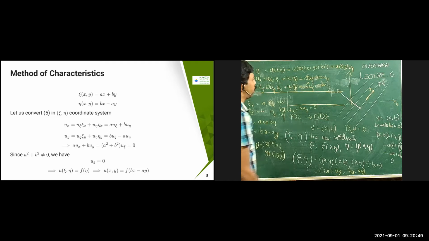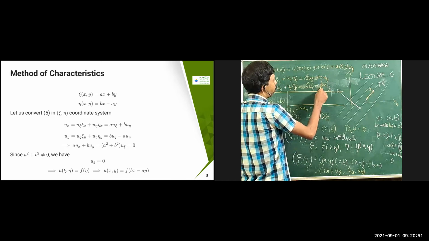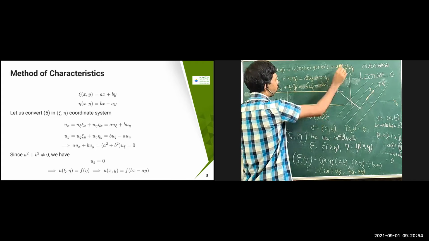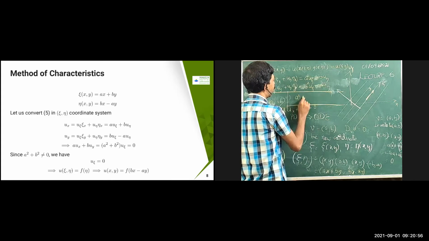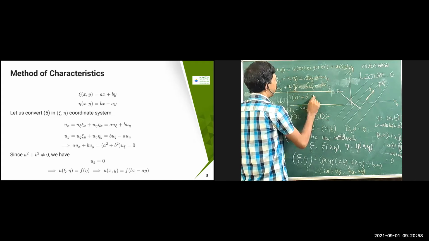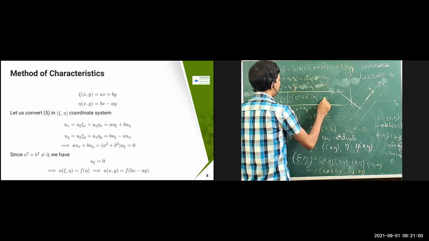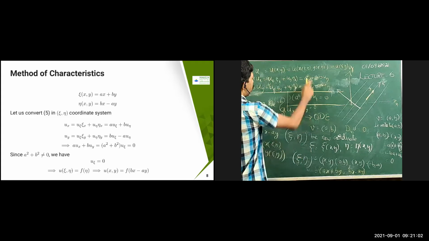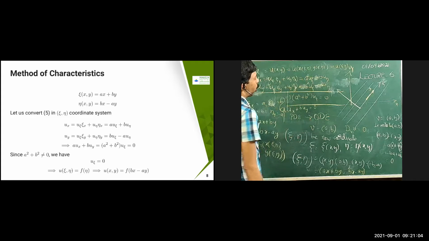These two are the same, ab u eta minus ab u eta, so this is going to vanish. What you are going to get is a square plus b square into u chi equal to 0, because a ux plus b uy equal to 0. Therefore, if I sum it up, a square plus b square times u chi equal to 0.